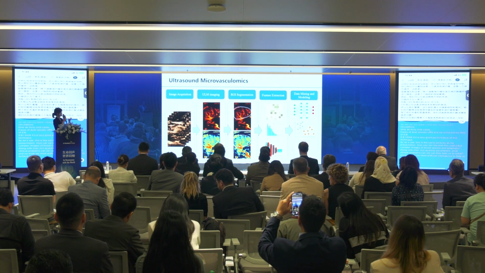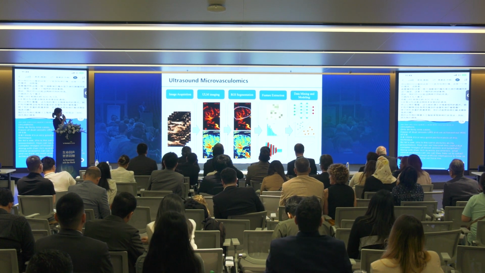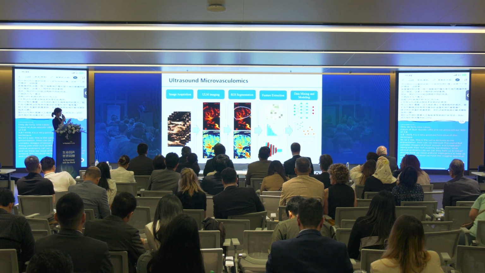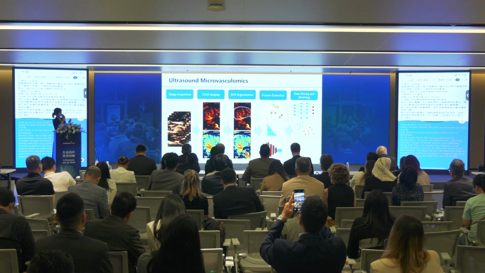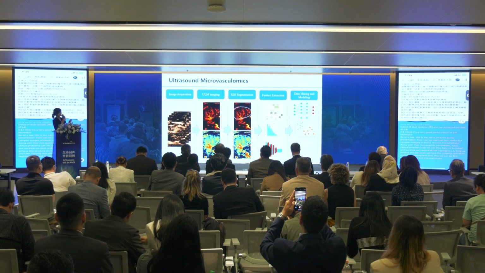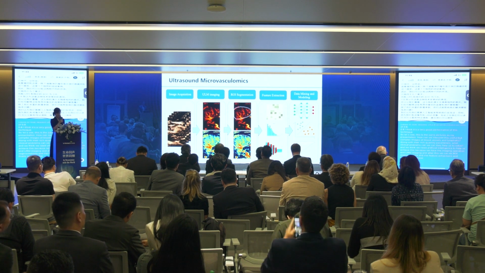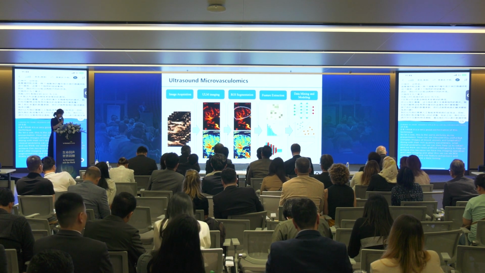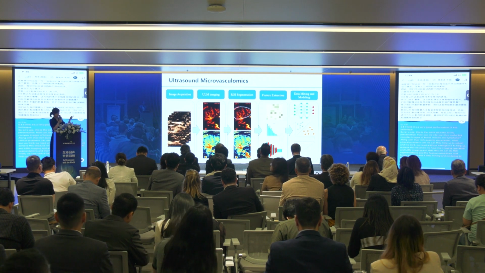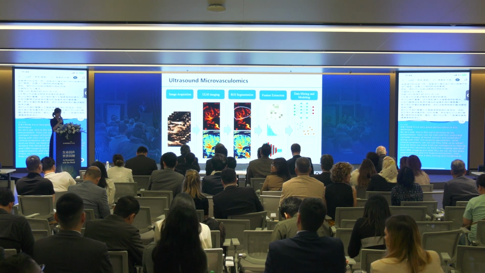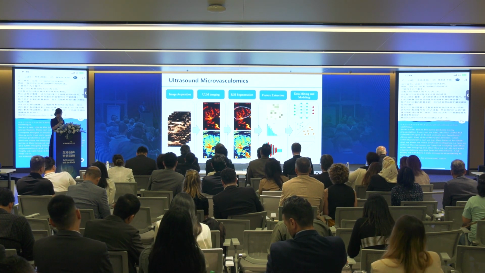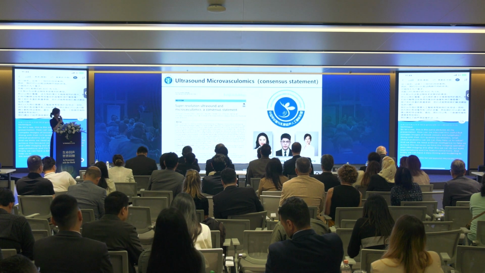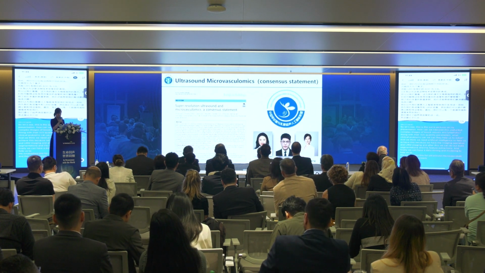We have the imaging acquisition and URM imaging, and after this, we can do ROI segmentation and feature extraction. Finally, we can do data mining and modeling, to establish ultrasound microvasculomics. And this paper has already been published in European Radiology.